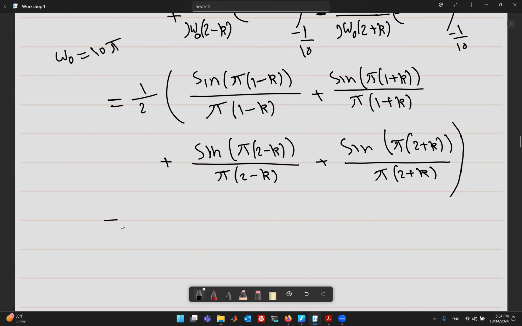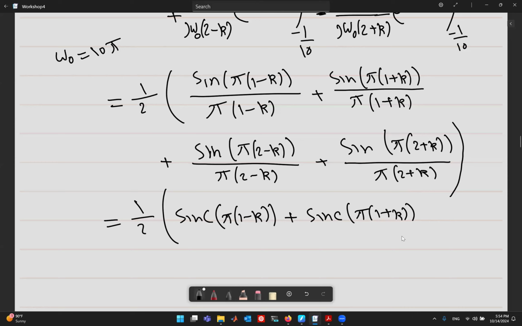So we get 1/2 times sinc pi(1 minus k) plus sinc pi(1 plus k) plus sinc pi(2 minus k) plus sinc pi(2 plus k). Okay.